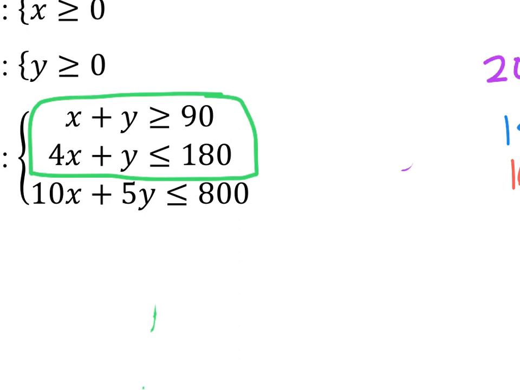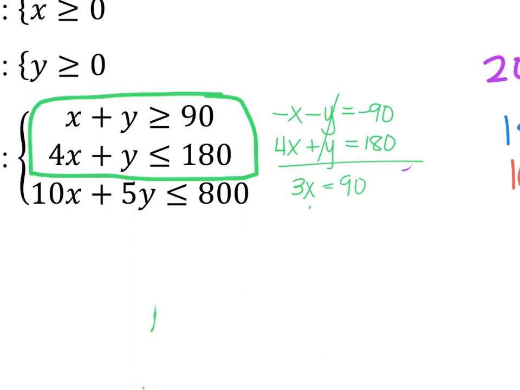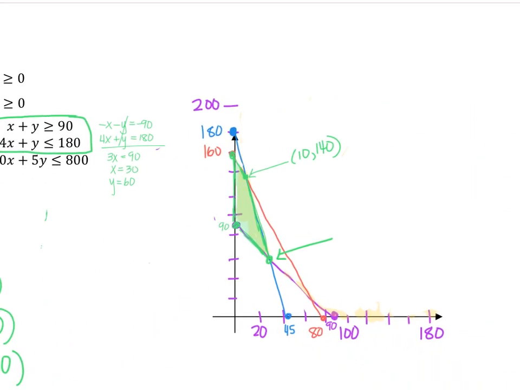Let's multiply the top row by negative. That'll give me negative x minus y equals negative 90. And then 4x plus y equals 180. So the y's cancel out, and I'm left with 3x equals 90. So x is 30. And if x is 30, y has to be 60. So my point here would be 30, 60.